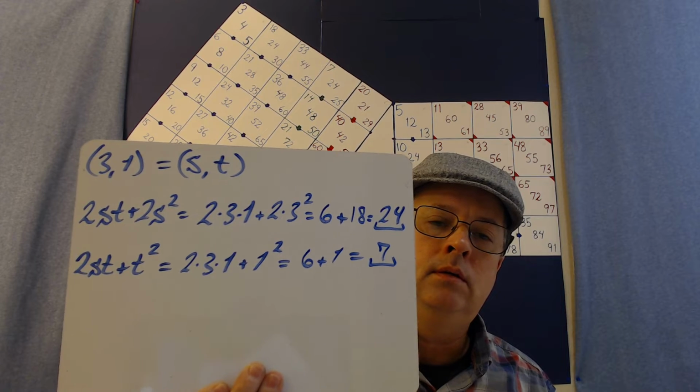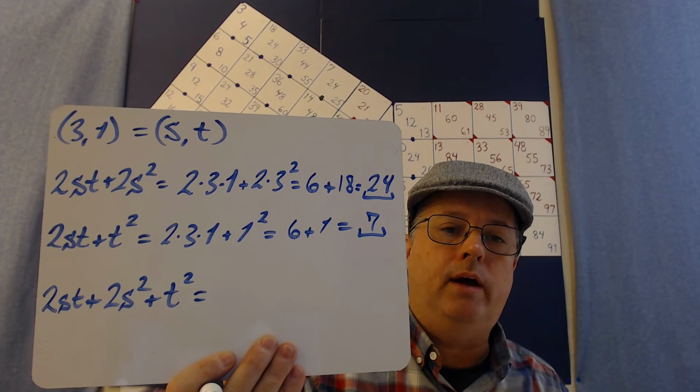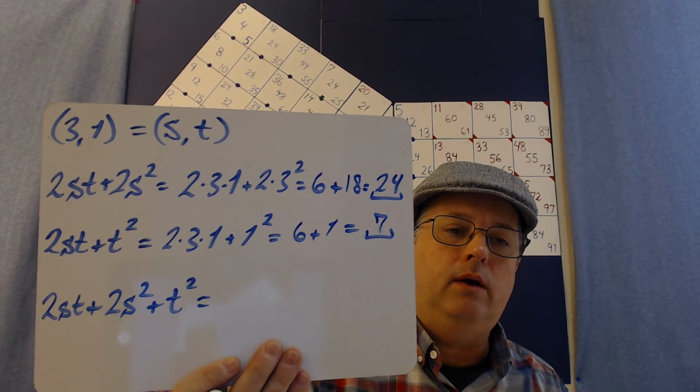Okay, and so now let's go ahead and do the c value. That's 2st plus 2s squared plus t squared. Okay, that third expression gives us the c value. And so now plugging in 3 and 1, we have 2 times 3 times 1 plus 2 times 3 squared plus 1 squared.